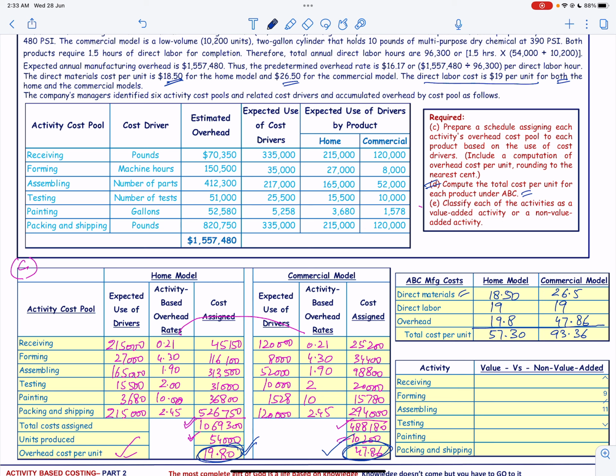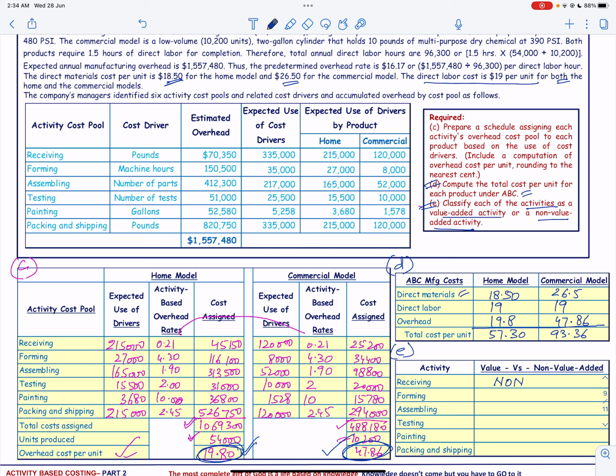So this is part D, and now we go to the last part, that is part E. Classify each of the activities as a value added activity or a non-value added activity. Now receiving is obviously non-value added.